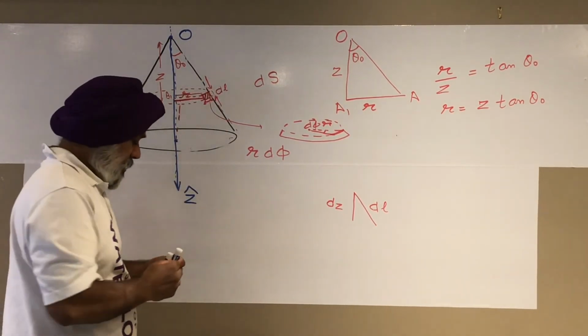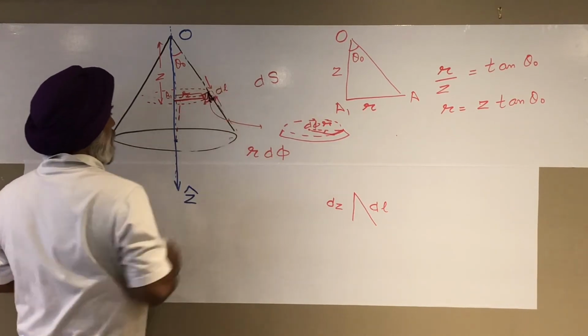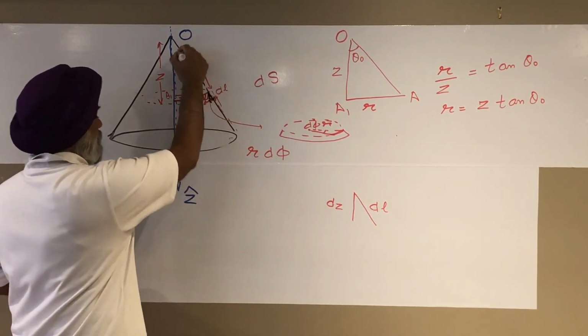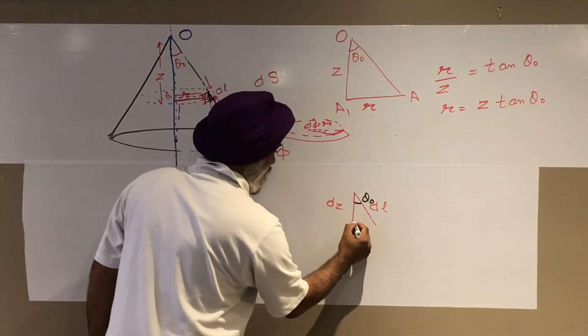So when I put my element here, dl and dz, this angle would remain the same as that angle, so that would still be theta naught. Then you have a right angle triangle.